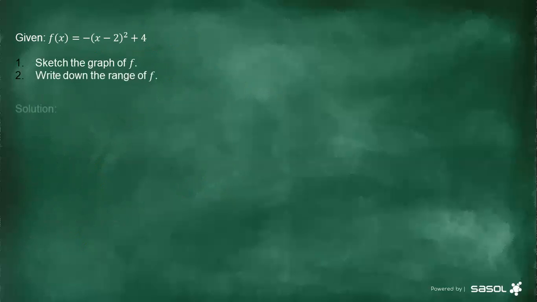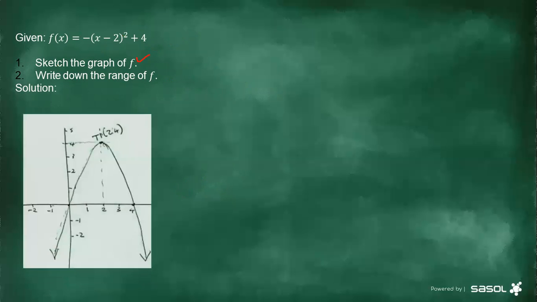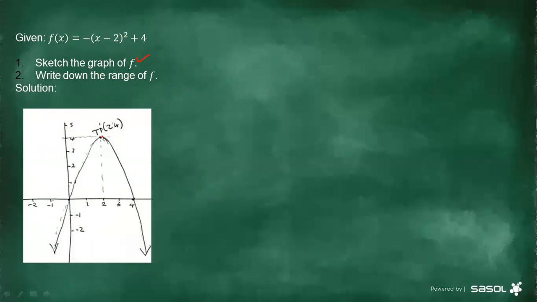All right. This one, first we have to sketch the graph. Remember, we are still on the same question that we just did. We have to sketch it now because we have determined the x-intercept, y-intercept, and the turning point. Now this is going to be the shape of the graph, and you can see the graph is facing down. That tells you that the value of a is negative, less than 0, which is true.